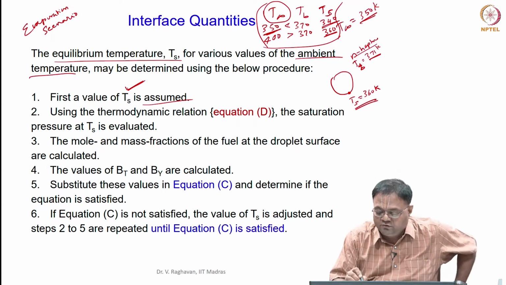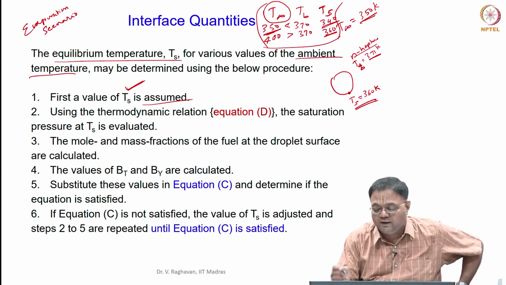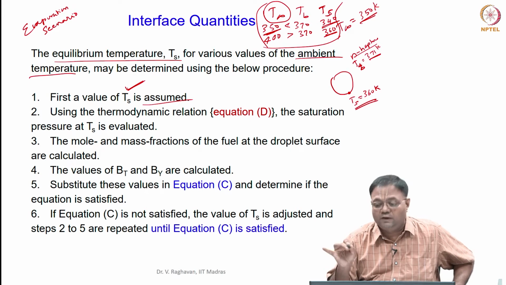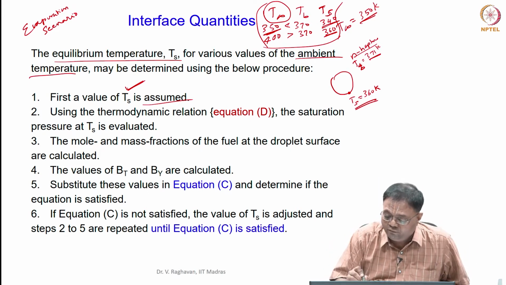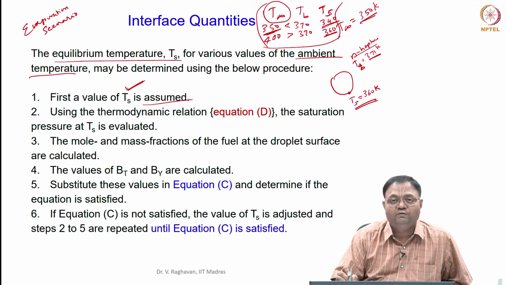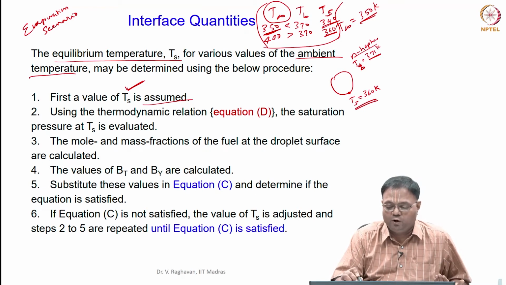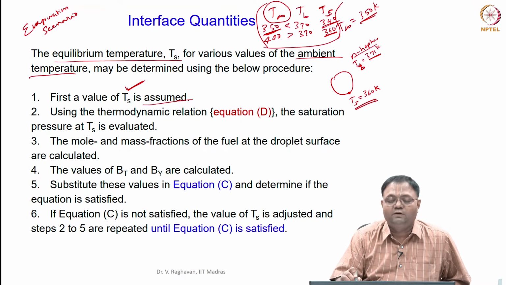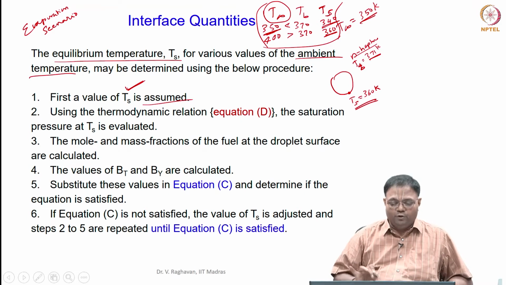If the situation is 350 for T infinity, I cannot guess Ts as 360, because the boiling point is 370 and I am taking a temperature less than that, that is not possible. So, if T infinity itself is less than the boiling point, you have to take a surface temperature which will be less than the T infinity, which is less than the boiling point. Otherwise, if T infinity exceeds the boiling point, then my surface temperature cannot exceed the boiling point, so it should be less than the boiling point. Okay, so that is it.